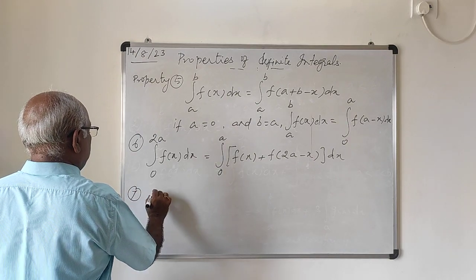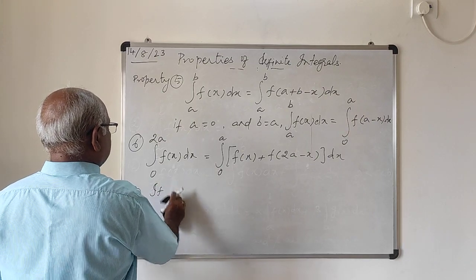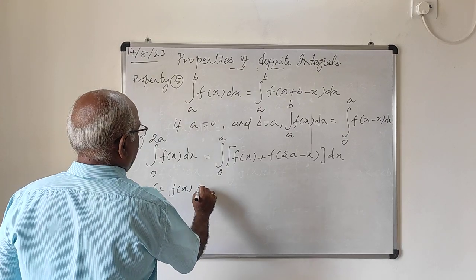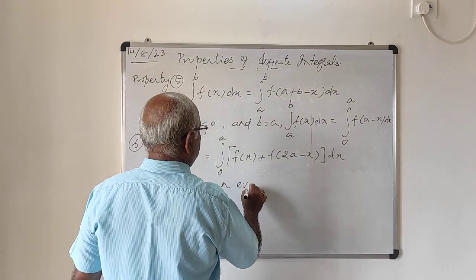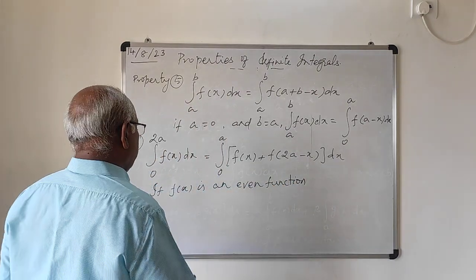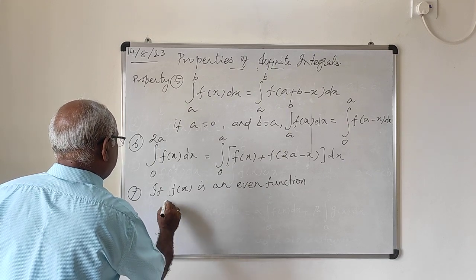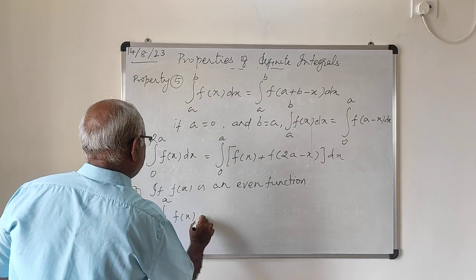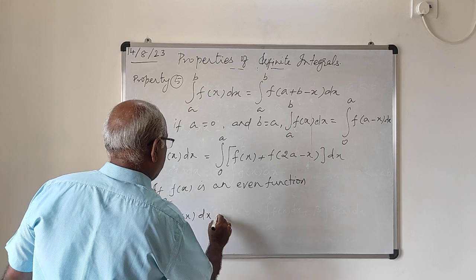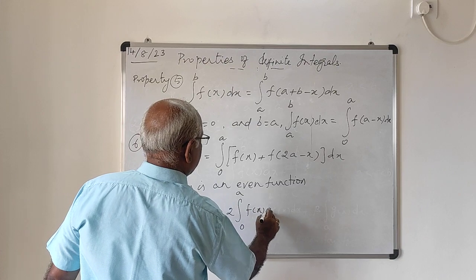7th one. If f of x is an even function, integral minus a to plus a f of x dx is equal to two times integral 0 to a f of x dx.